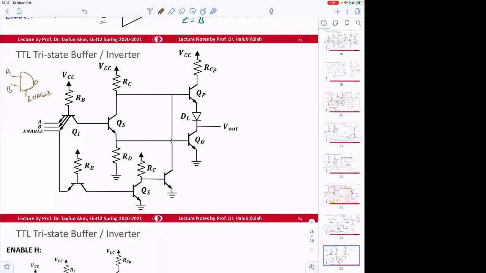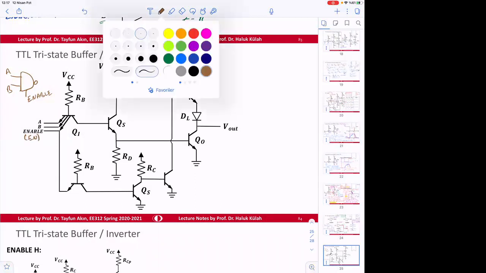First, we will look at what is happening if, let's say, this enable.